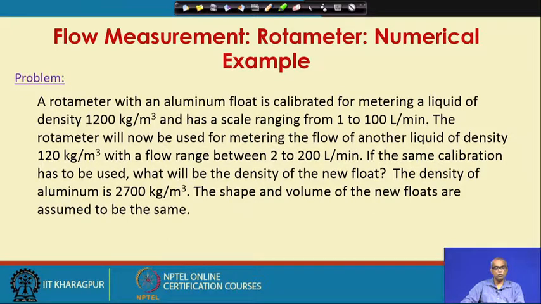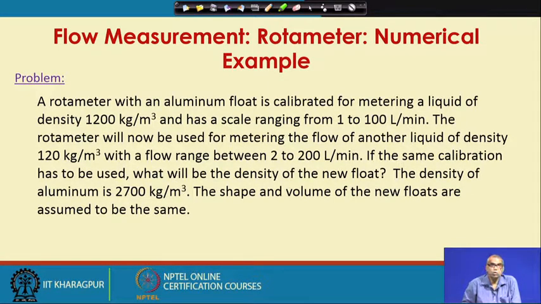So, we have discussed that rotameter is a variable area constant head meter. So, rotameter contains a float, and the float changes its position with the flow rate. From the position of the float, we can measure the flow rate.